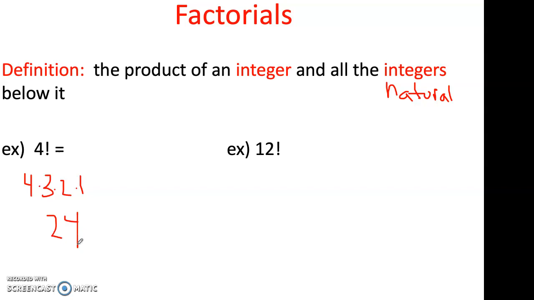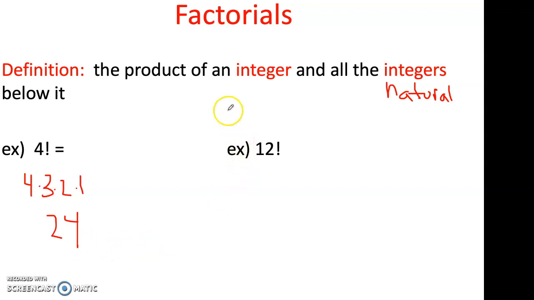And now we're going to do 12 factorial. If you want to look for factorial on your calculator, you're going to go to math, arrow over all the way to probability, and then select number 4, which is the exclamation factorial, or you can go to catalog, because you don't want to type in 12 all the way down to 1.